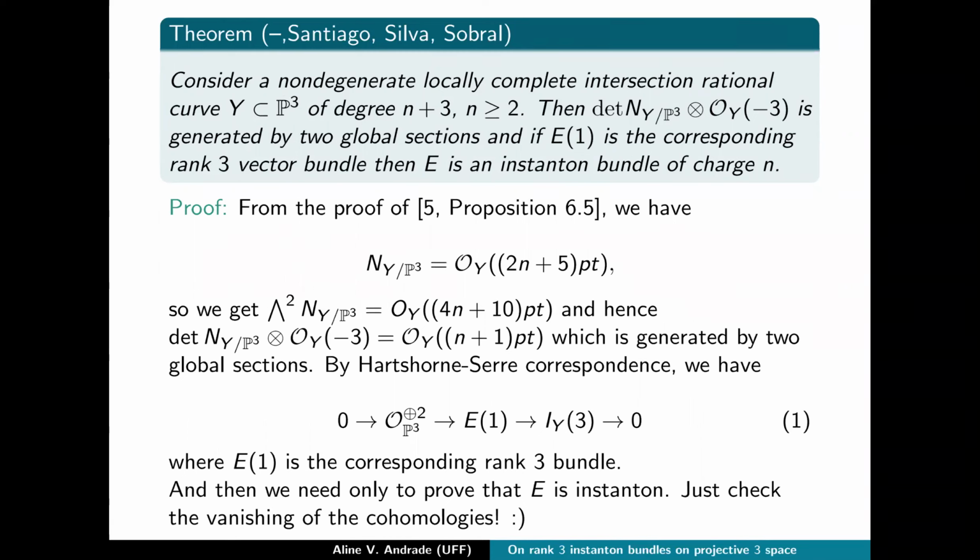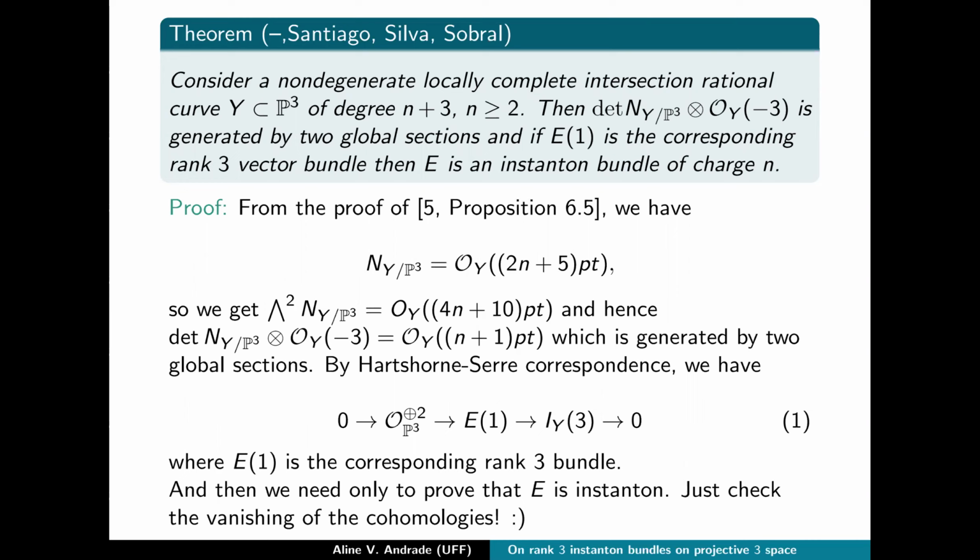So we can check the conditions of the Chern correspondence in order to have the bundle EY in this sequence. To see if this bundle is an instanton bundle is just to check the vanishing of the cohomologies. So it's not a difficult job.